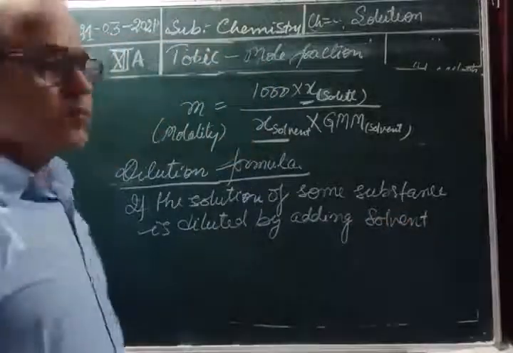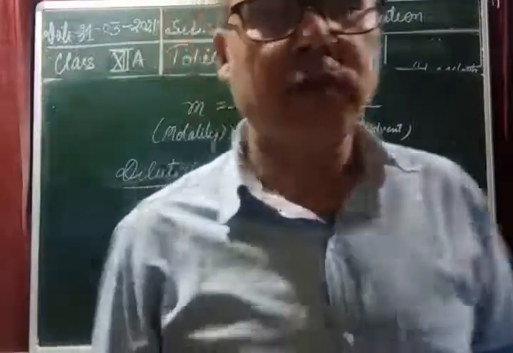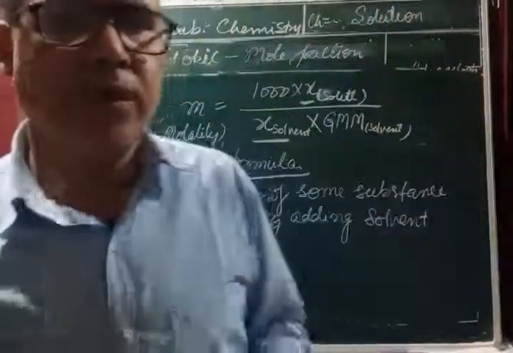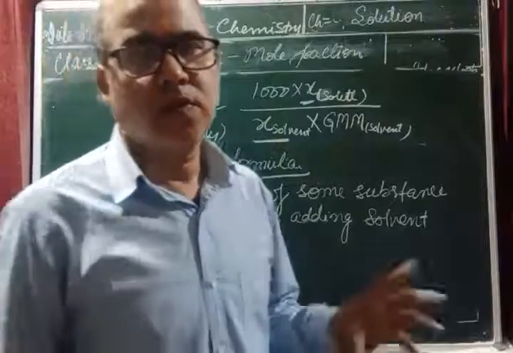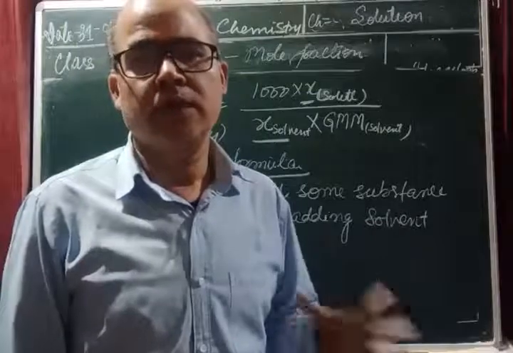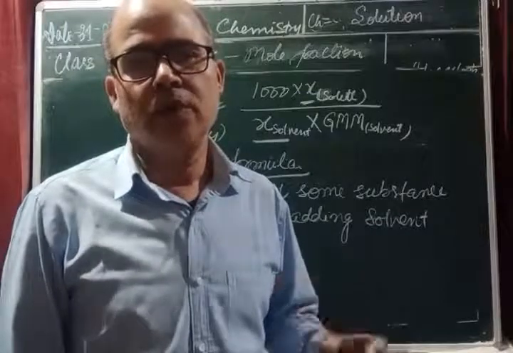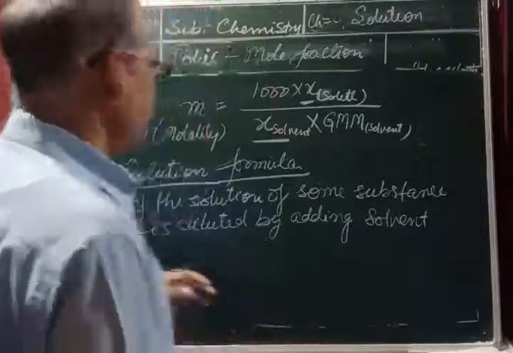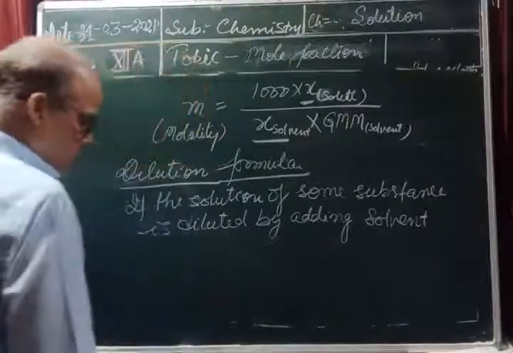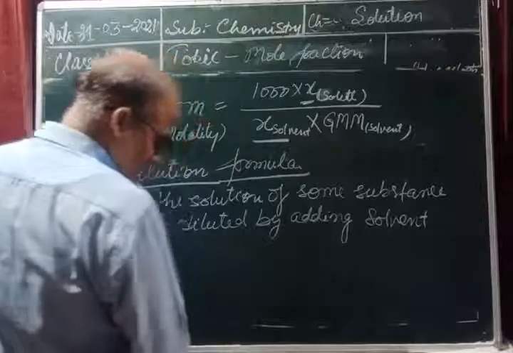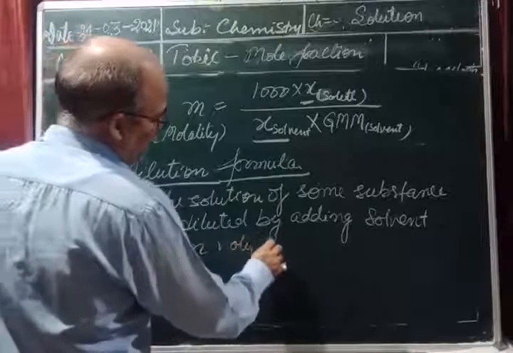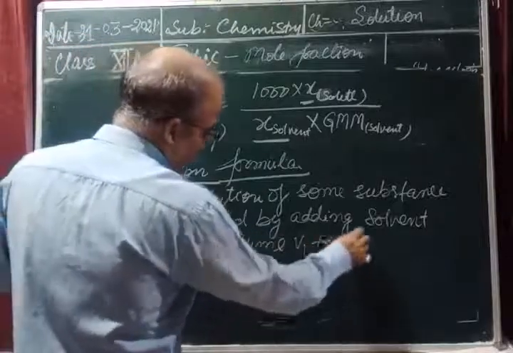Suppose you have to make a dilute solution of sugar. Then what you will do? Suppose you have some concentrated solution of the sugar, then you can add more and more water to make it dilute. Then how will we make? By adding solvent, volume changes from V1 to V2.